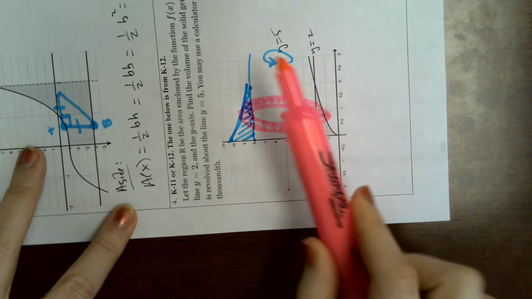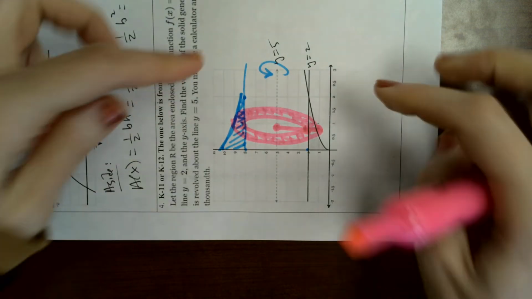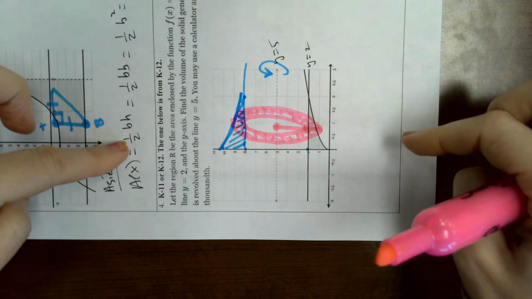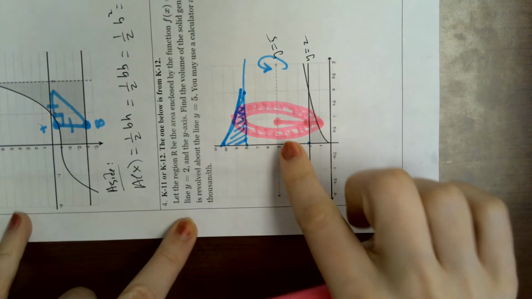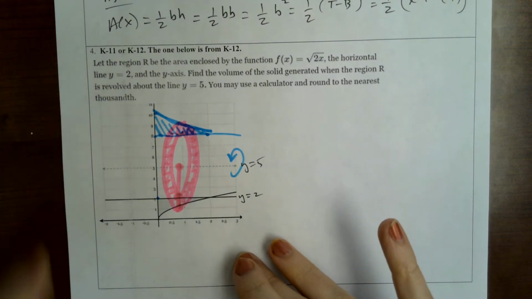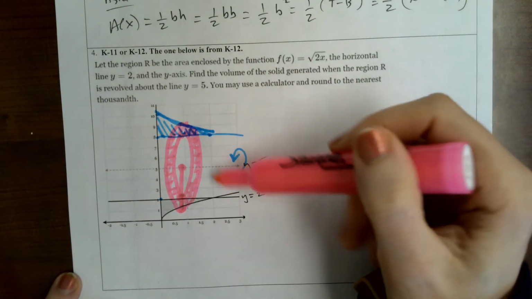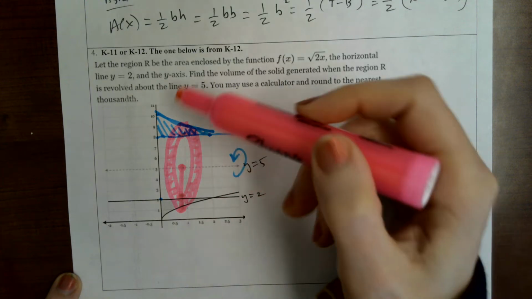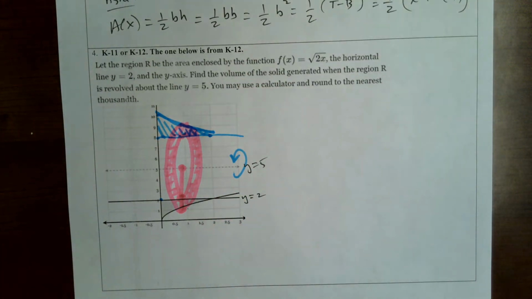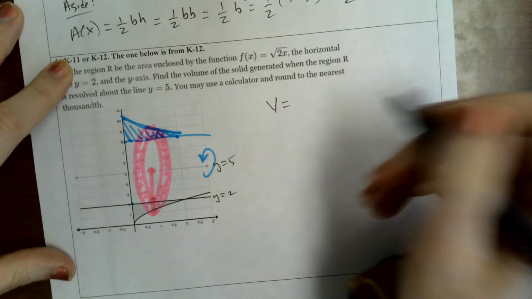It's going to look like a cylinder almost, but going out, you know, like this. And this is the shape that we get for each slice. And since we're revolving around a horizontal line, the slices are going to be vertical slices. Vertical slices mean that your volume formula is in terms of x.